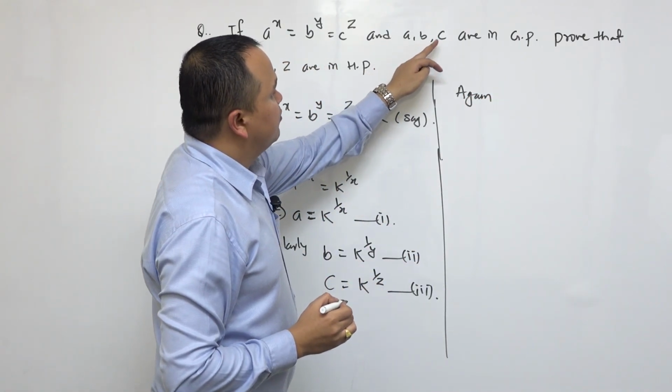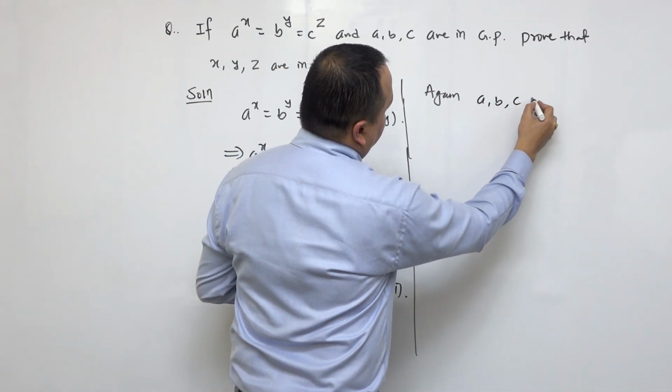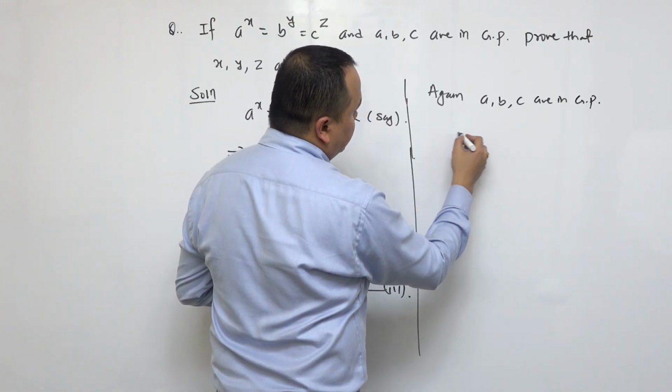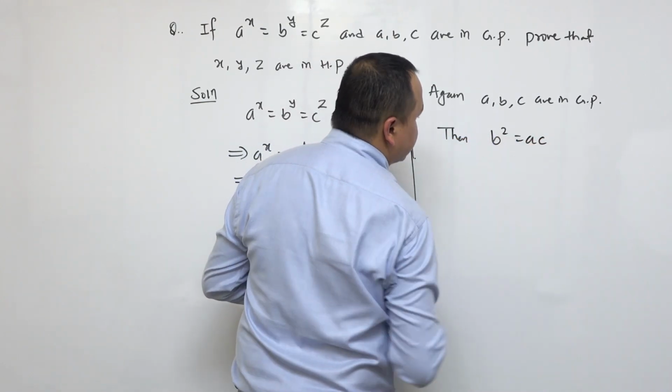Again, A, B, C are in GP, then B squared is equal to AC.